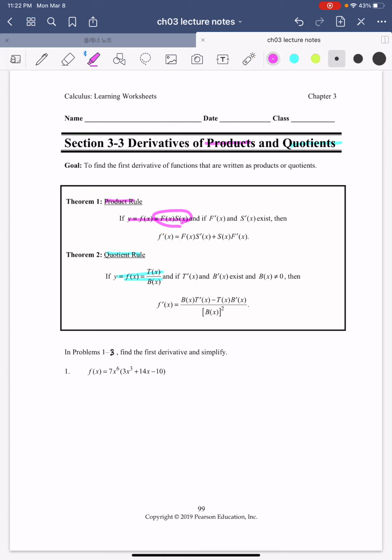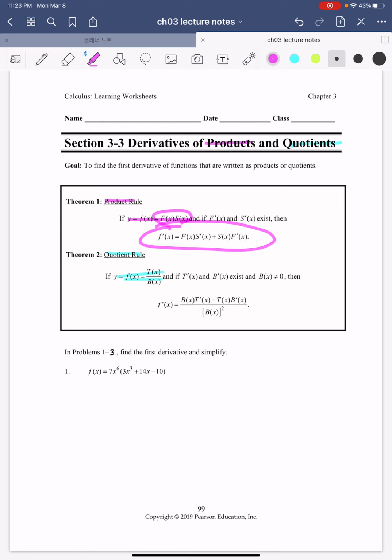So the product rule is F, and then you take the derivative of the second function, plus now you rotate: second function, and then take the derivative of F, the first function. Okay, so you kind of switch the order. So keep the first one, take the derivative of the second one, keep the second function as it is, and then take the derivative of the first one and sum that together.